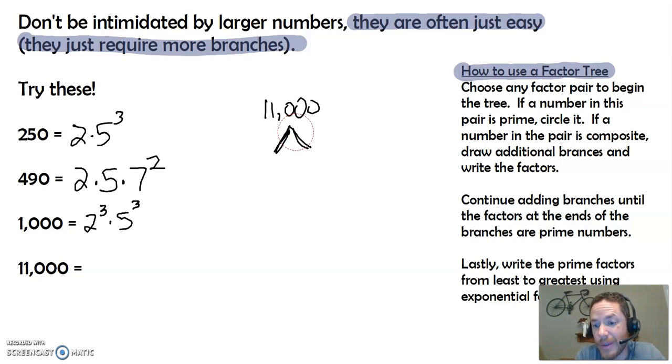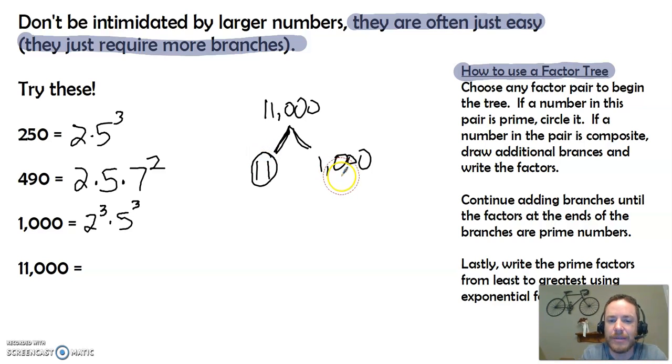I'd probably start with 11. 11 goes into 11,000. 11 times 1,000 would be 11,000. And 11's prime. Now right now you might already notice, hey, isn't this going to be the same branches that we just did? And it is, because just a minute ago we did 1,000.